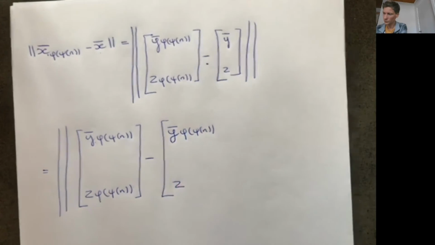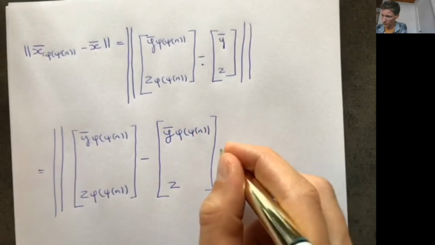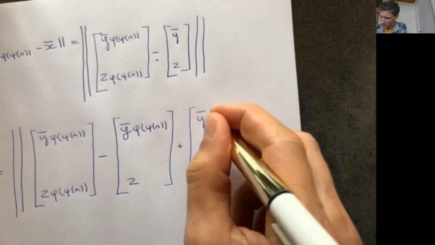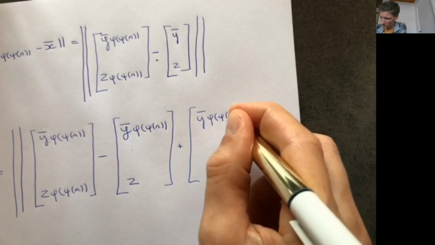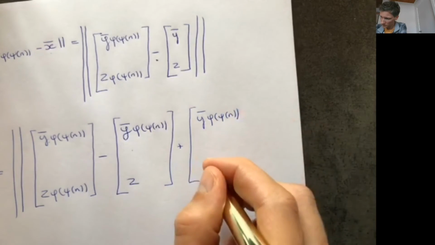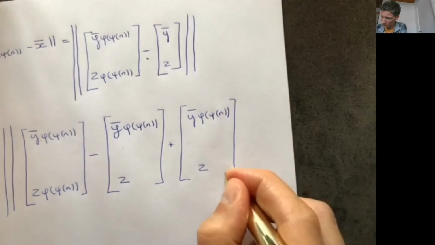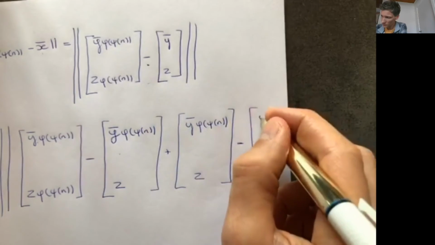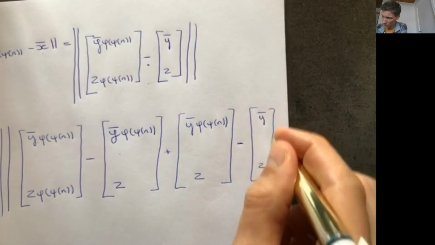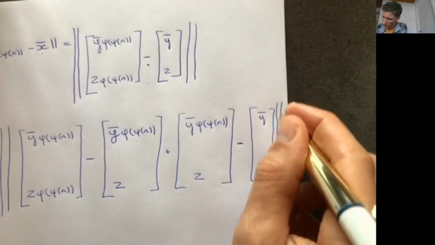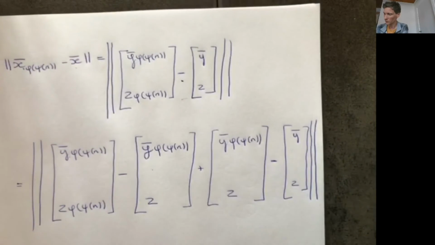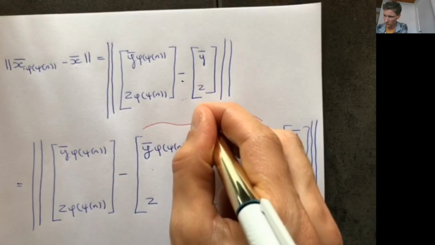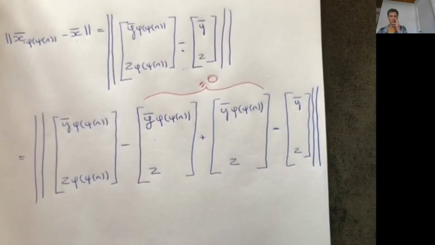And here we're going to put z. And we're going to add the same thing here. And then minus the remainder, which is this one here, y and z, and put them into norms. Okay, so if you look closely, this is 0 because we're adding and subtracting the same thing.